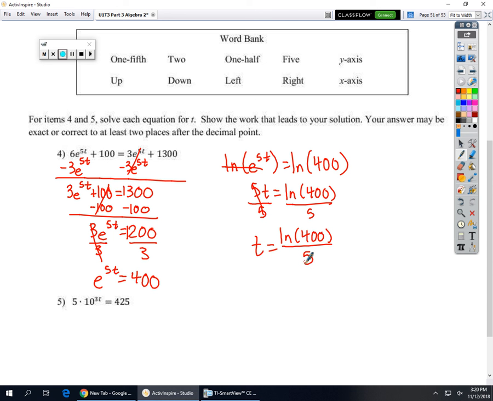Most of the time, you could totally leave your answer like this. However, it does say, oh wait, no it doesn't. It says your answers may be exact, so you could leave it like this. Or correct to at least 2 places after the decimal point. So if we want to make an approximate using a decimal, we have to plug this into the calculator.